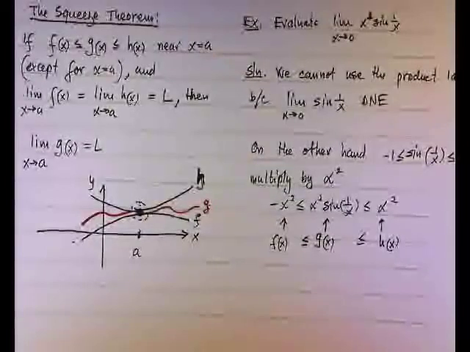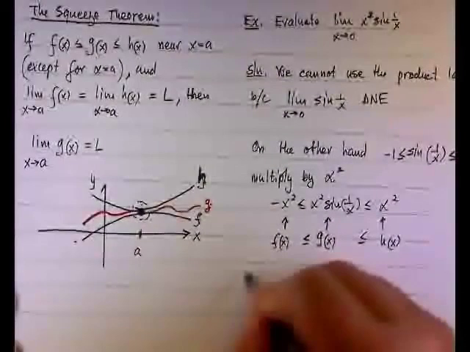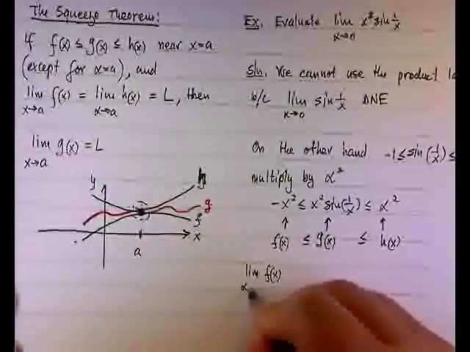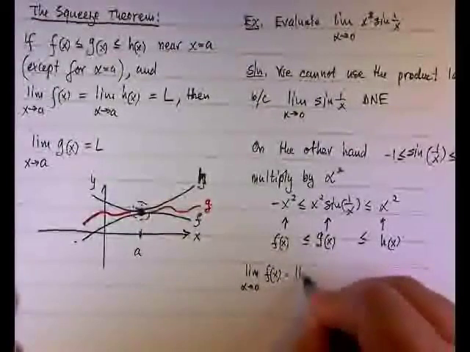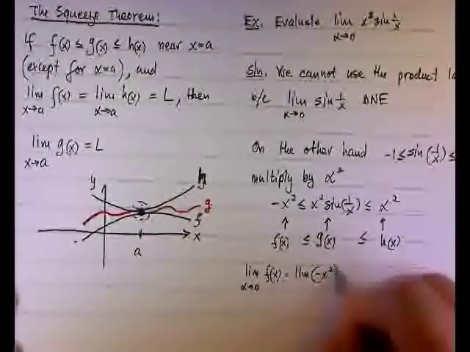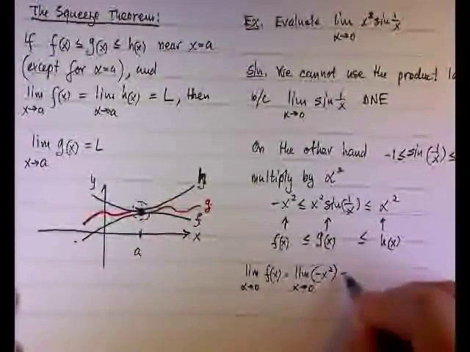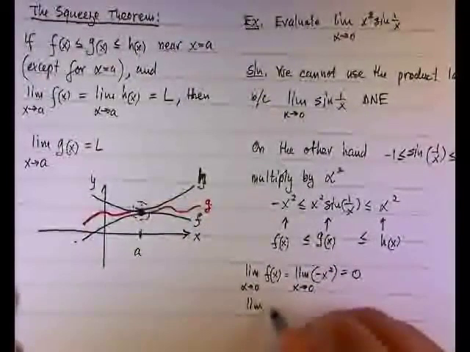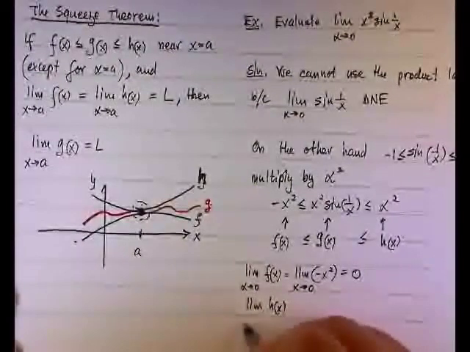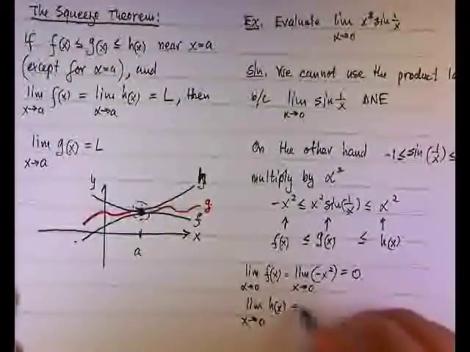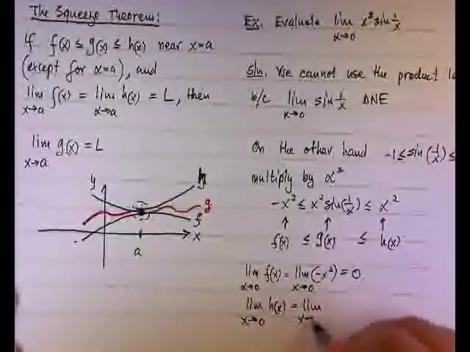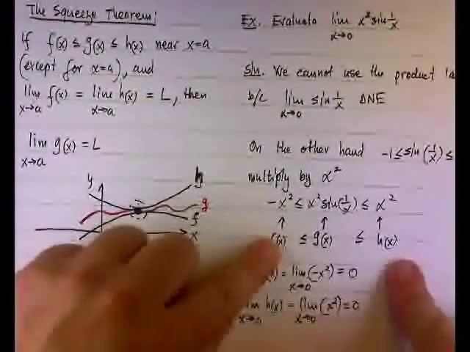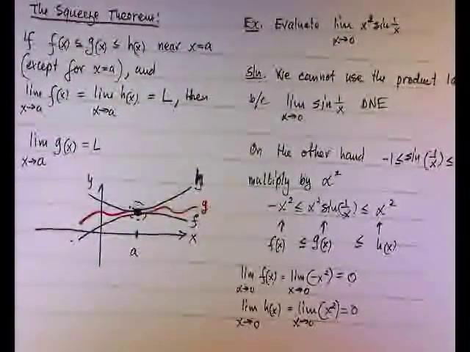I know that the limit on the left, the limit of f of x, when x goes to 0, which is the limit of negative x squared when x goes to 0, well, this is a direct substitution. It's 0. On the other hand, the limit of h of x when x goes to 0, which is the limit when x goes to 0 of x squared, is also 0. So the limit on the left and the limit on the right go to 0.